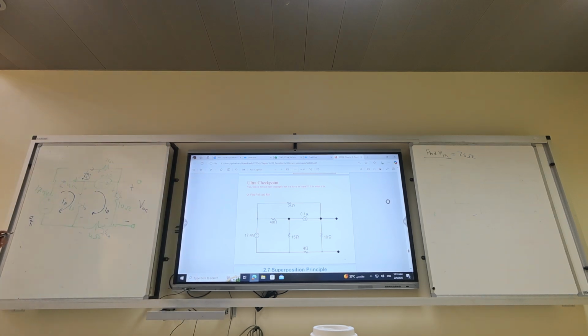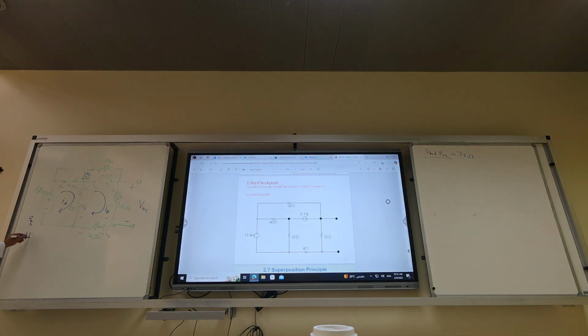Hatem, please give me numbers if you don't mind. Plus 17.4. Now, before you do that, what's the current in the 40? IA minus IC. What's the current in the 15? IA minus IB.